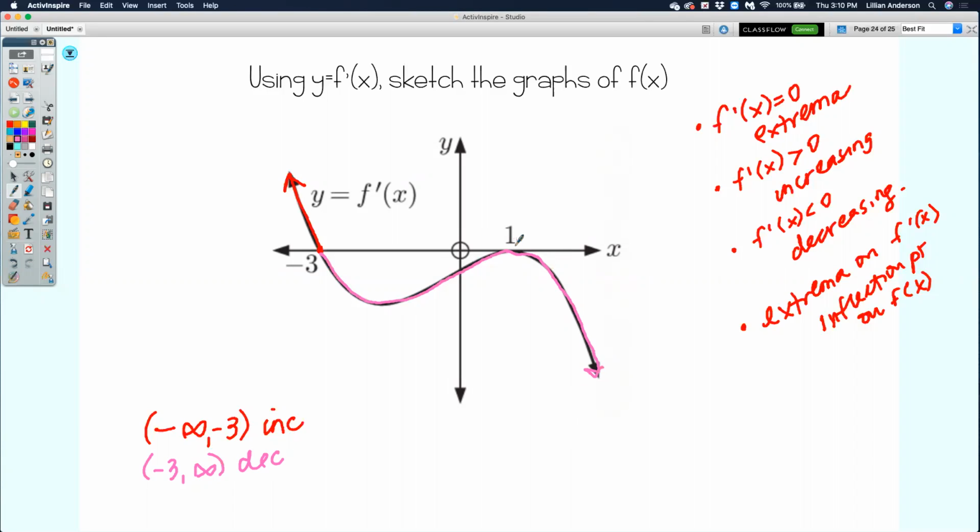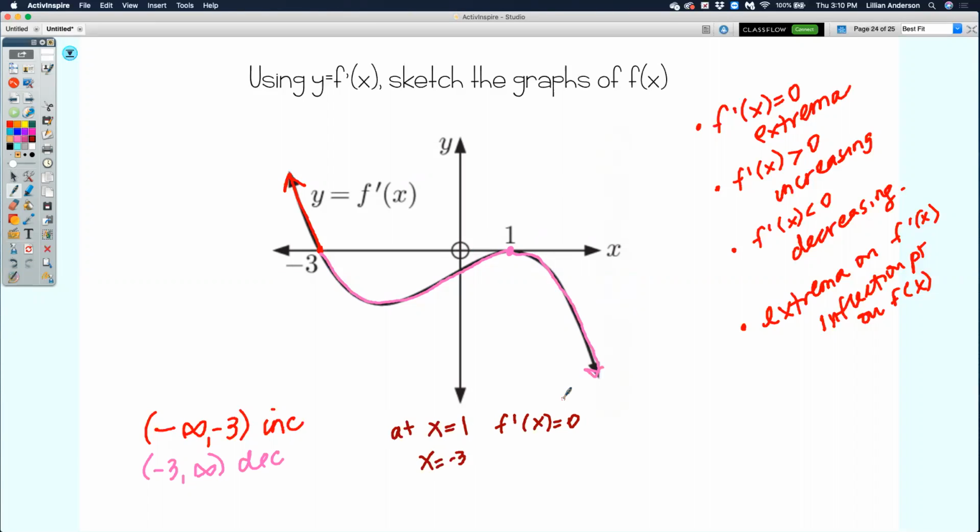But we do need to highlight that point at 1, because at 1, let me change colors again, the first derivative was equal to 0. But it didn't go from being negative to positive or positive to negative like it did at -3.